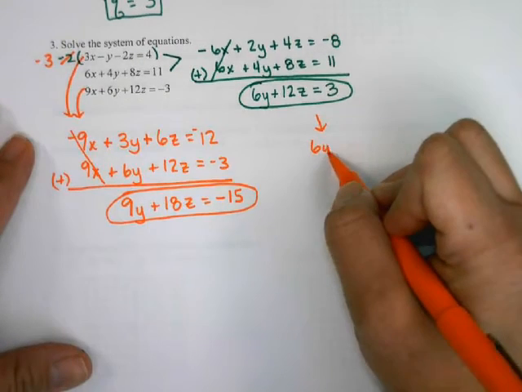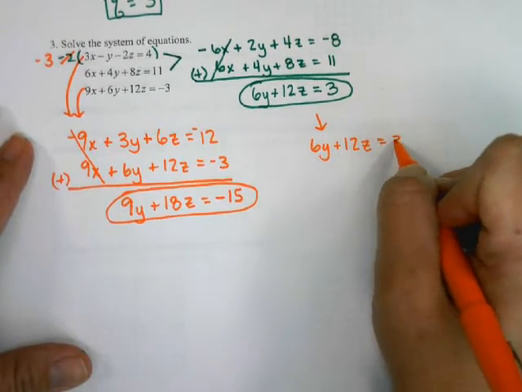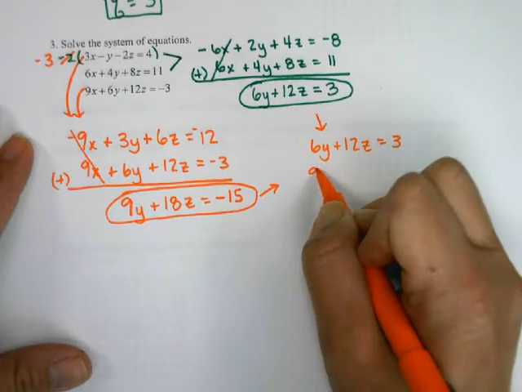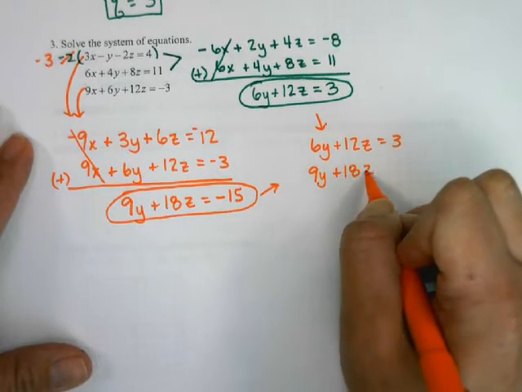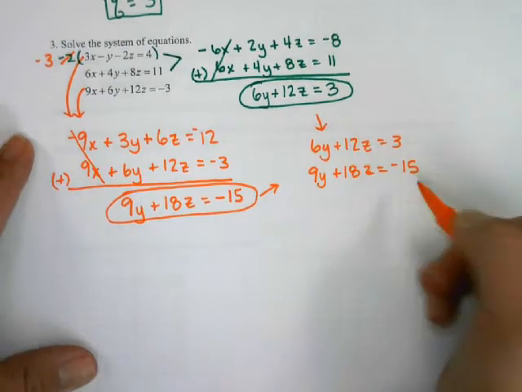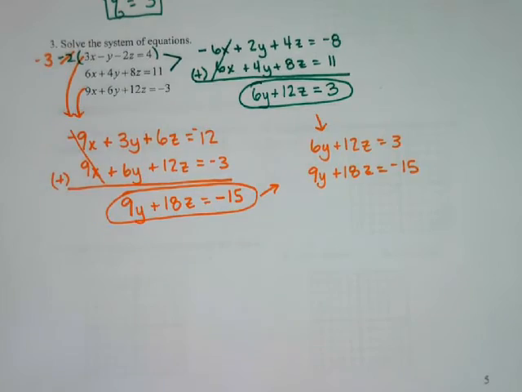So I have 6y plus 12z equals 3, and 9y plus 18z equals a negative 15. So now we have a choice. We can get rid of the y, or we can get rid of the z. The y's are a little smaller, right?